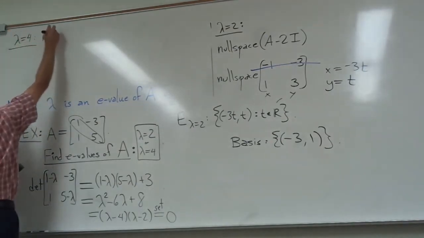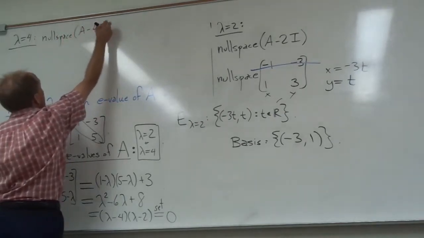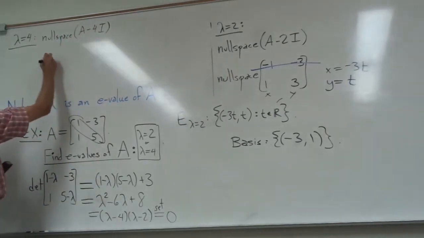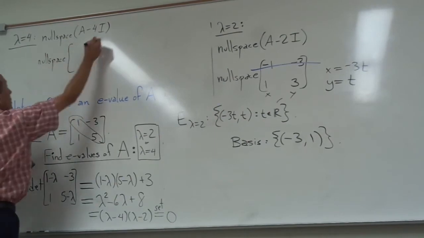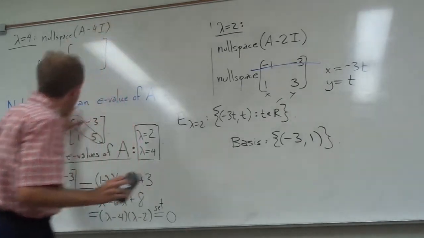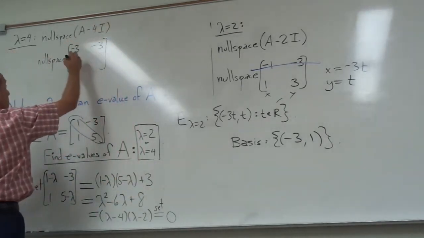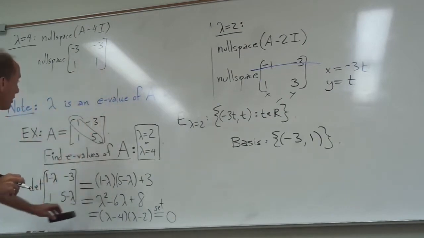We're going to look at the null space of A minus 4I, which means we're going to look at the null space of the following matrix. I'm going to subtract 4 from the main diagonal of my matrix here. So I'm going to get negative 3, negative 3, 1, and 1. Okay.